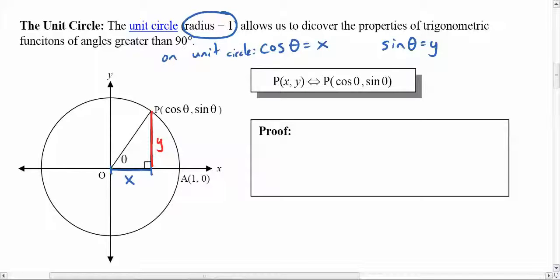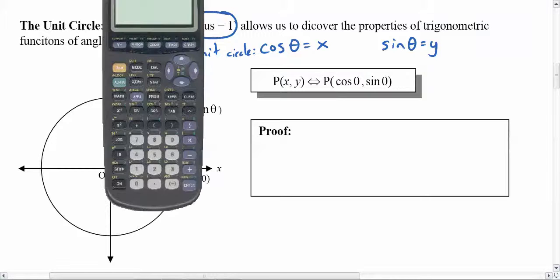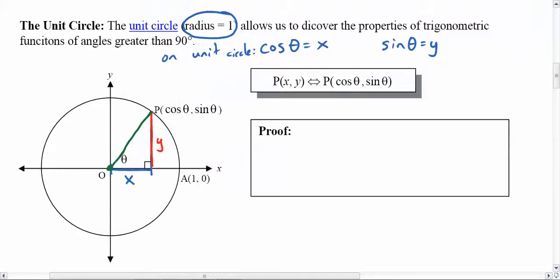And this length here, trick question. It's the radius, right? It goes from the center to the outside. So this is r. But I'm saying that this is a unit circle. So by the definition of a unit circle, radius is 1.